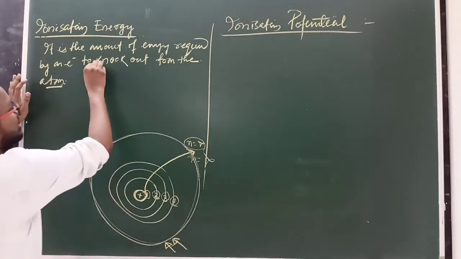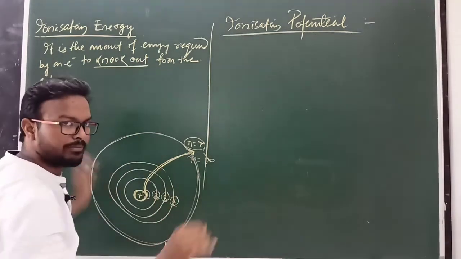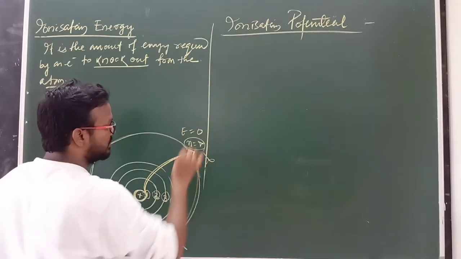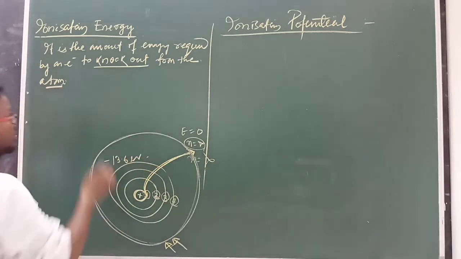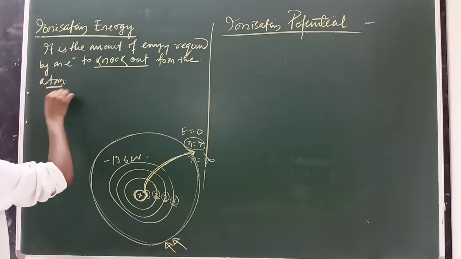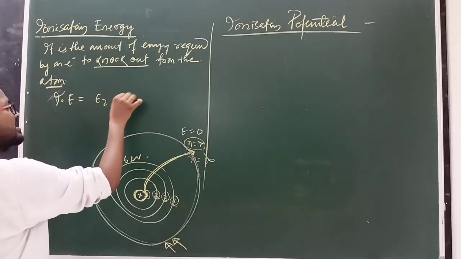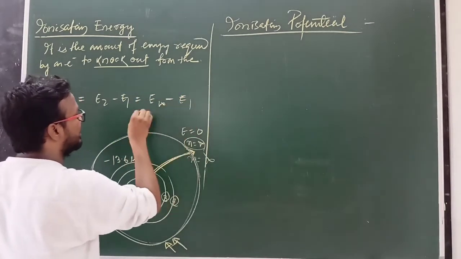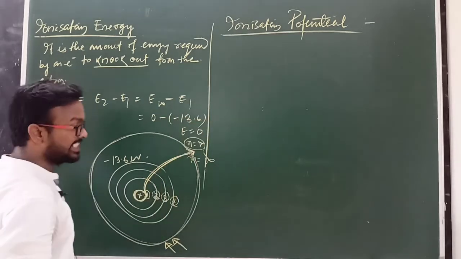Here, electron knockout means the electron is knocked out from the atom. So in this case, for n equal to infinity, the energy is equal to 0. For the ground state, it is minus 13.6 electron volt. So the knockout energy, or ionization energy, is E2 minus E1, where E2 at infinity is 0, minus minus 13.6 electron volt.